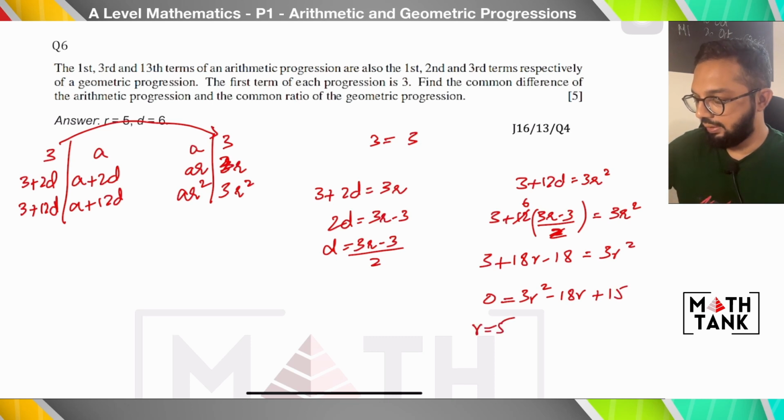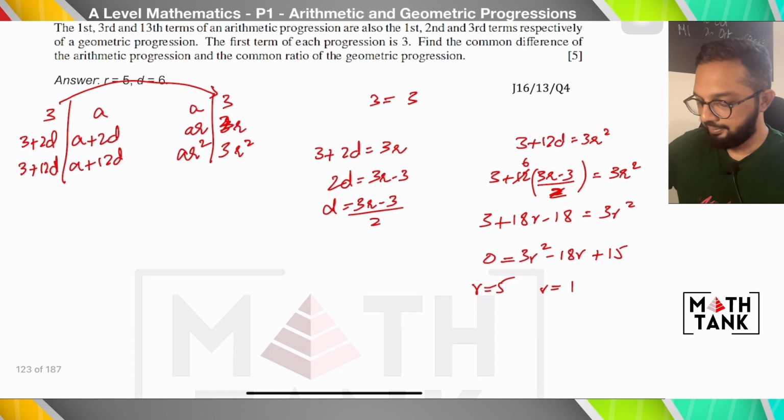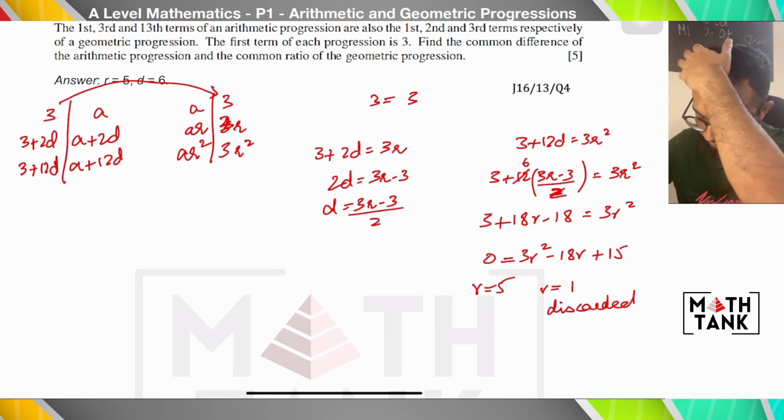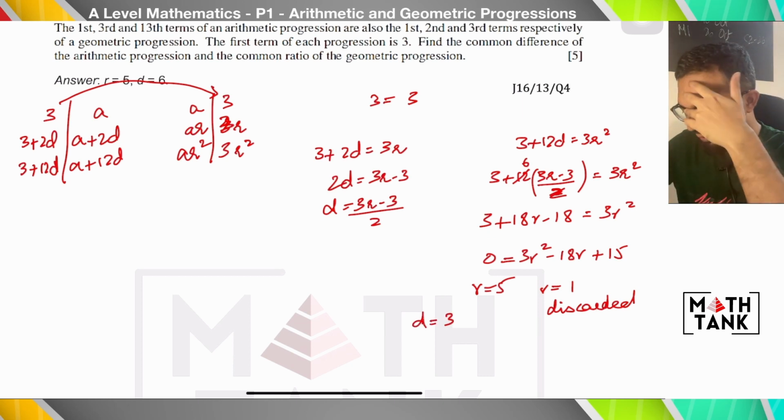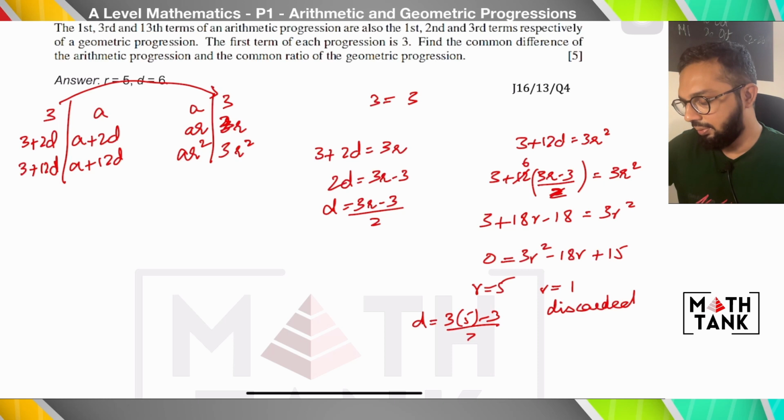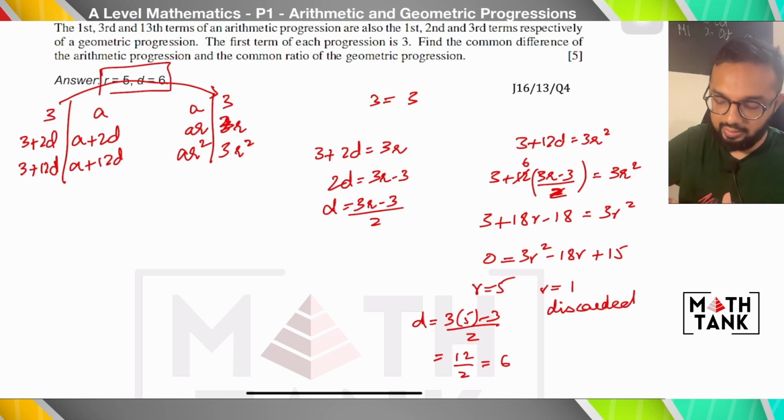R equals 5, R equals 1. So 1 obviously gets discarded. You cannot get a geometric progression with a common ratio of 1. So R is 5, therefore D is (3 times 5 minus 3) over 2, 12 over 2, which is 6. Yeah, those are the correct answers as you see them here as well.